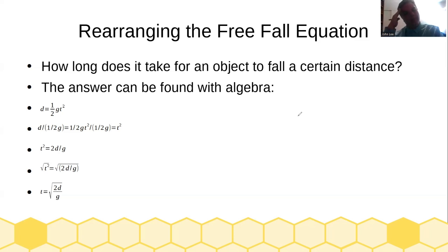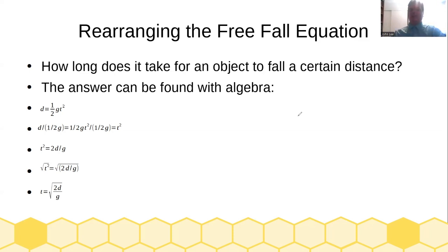Now, this part we haven't been over before, which is the fact that instead of just being by itself, t is squared in this case. So in order to isolate t, we have to take the square root of both sides because the square root of t squared is equal to t. So the square root of t squared is equal to the square root of 2d over g, or t is equal to the square root of 2d over g.